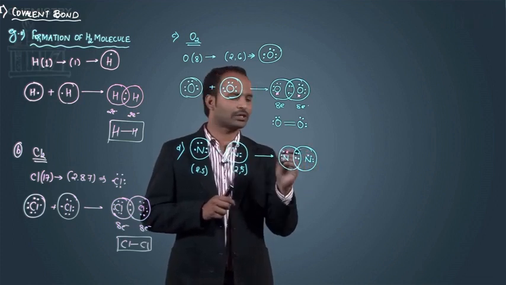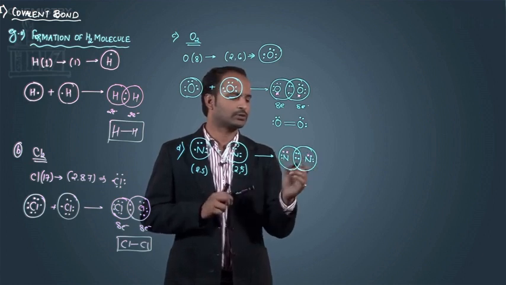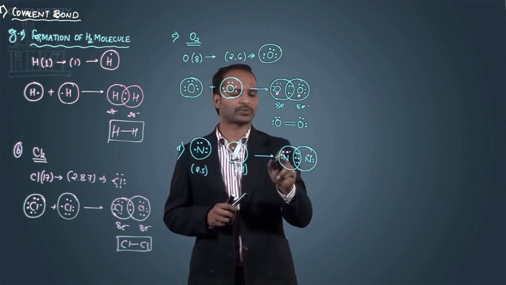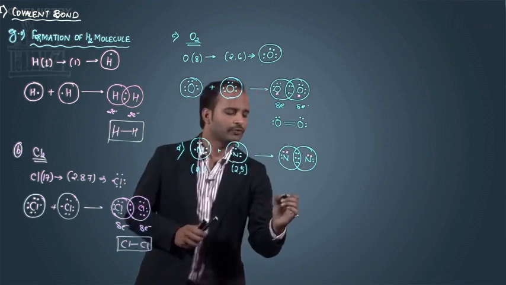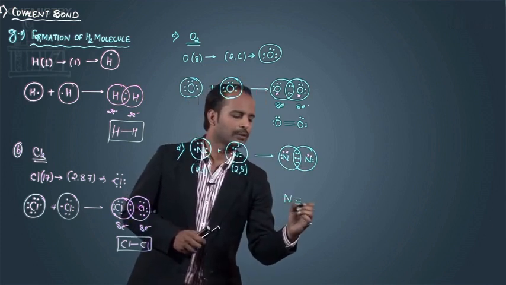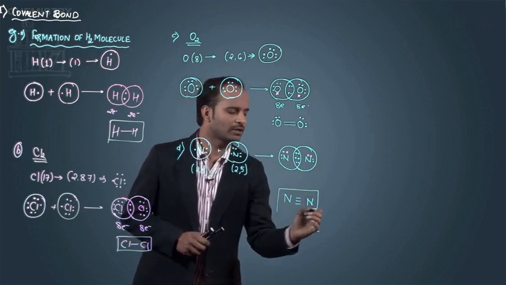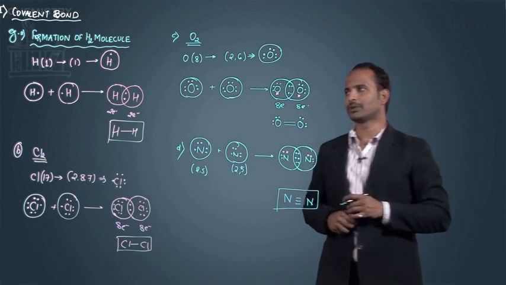Still the octet is not completed. So one more electron from here, one more from here. So this is 2, 2, 4, 2, 6 plus 2, 8, and this is also 8. That is, during the formation of a compound, when 2 nitrogen atoms come closer to each other, to get an octet, they share 3 pairs of electrons. That is a triple bond.